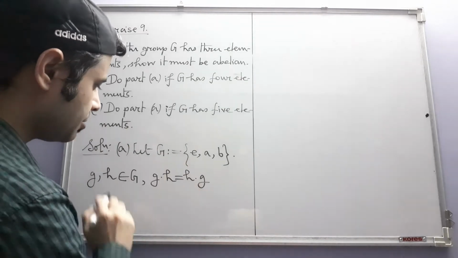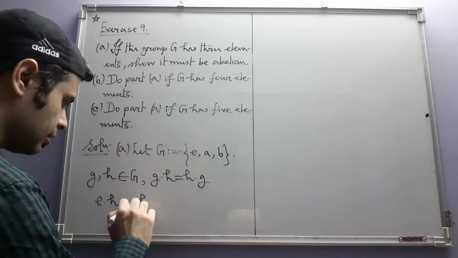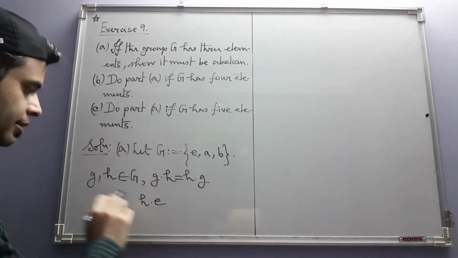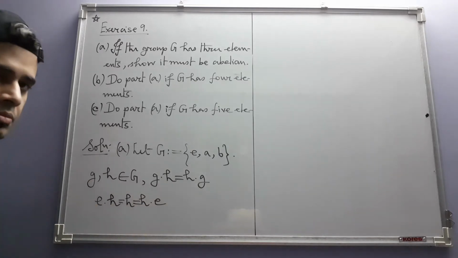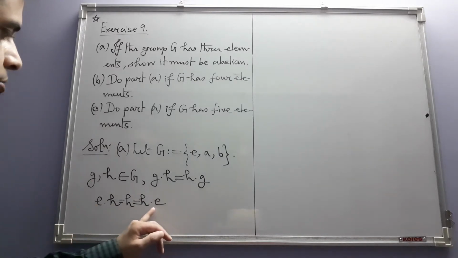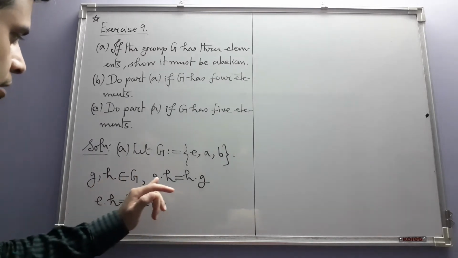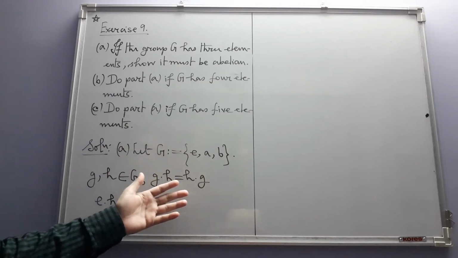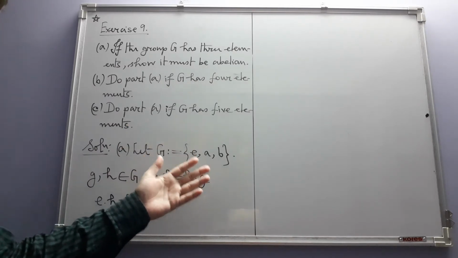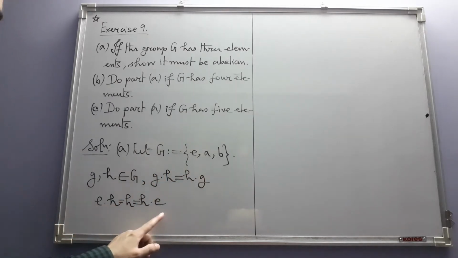If one of the elements is the identity, say E dot H and H dot E, then by the definition of identity, both of these are equal to H. And this is actually true in any group. So when you are going to show that any 2 elements commute in a group, in order to show that it is abelian, it's always the case that the elements commute if at least one of them is the identity.